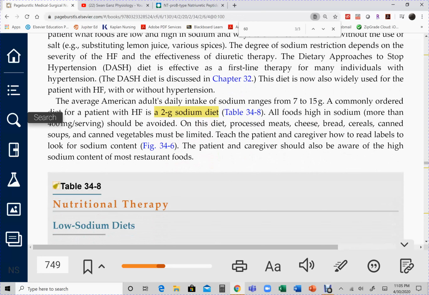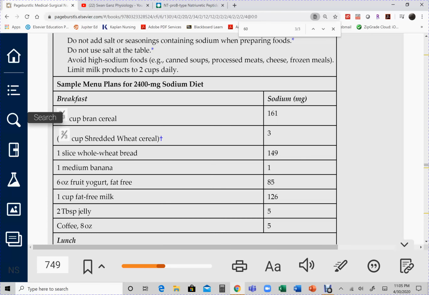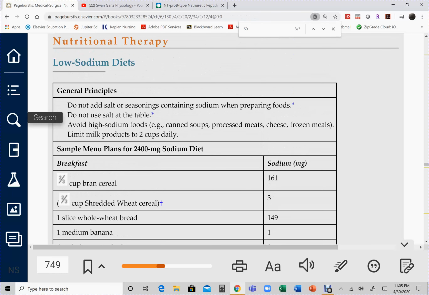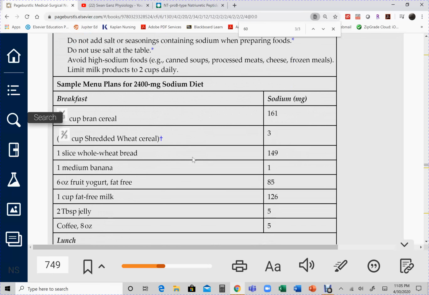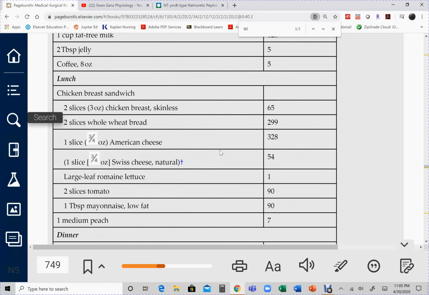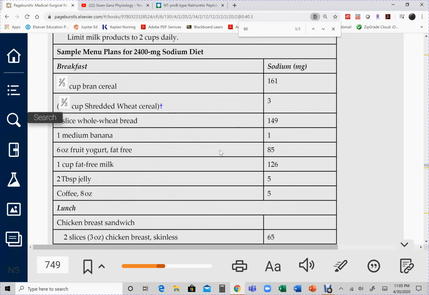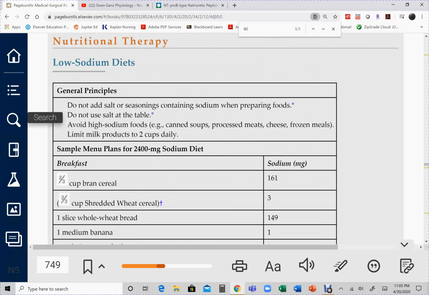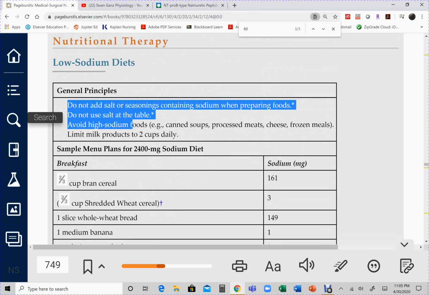You have a table here describing what 2 grams look like. Now, I won't be a hypocrite. I won't test you on the amounts, but rather in general, look at these statements right here.